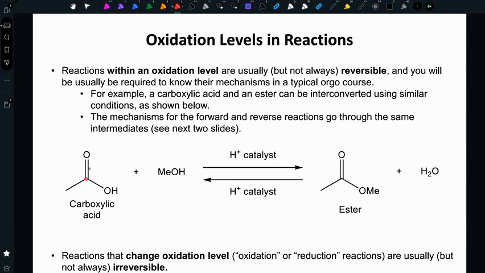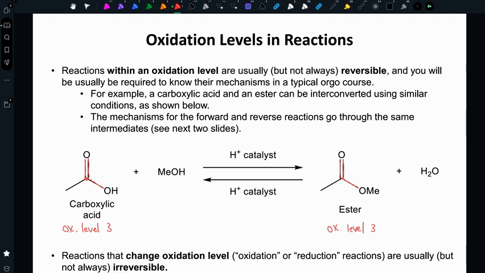Notice that a carboxylic acid has 1, 2, 3 bonds between carbon and oxygen, which is more electronegative. So this is oxidation level 3. And an ester also has, from that carbon, 1, 2, 3 bonds to oxygen. So 3 bonds to more electronegative atoms. So this is also oxidation level 3.